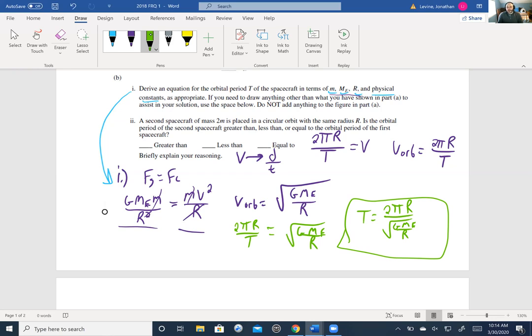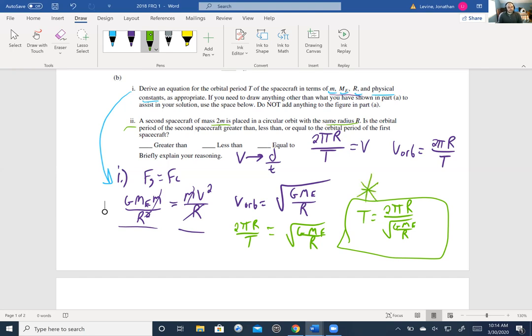It then says for part two of B: the second spacecraft of mass 2m is placed in a circular orbit at the same radius r. Is the orbital period of the spacecraft greater than, less than, or equal to the orbital period of the first spacecraft? So I encourage you to look at the equation that we just derived.